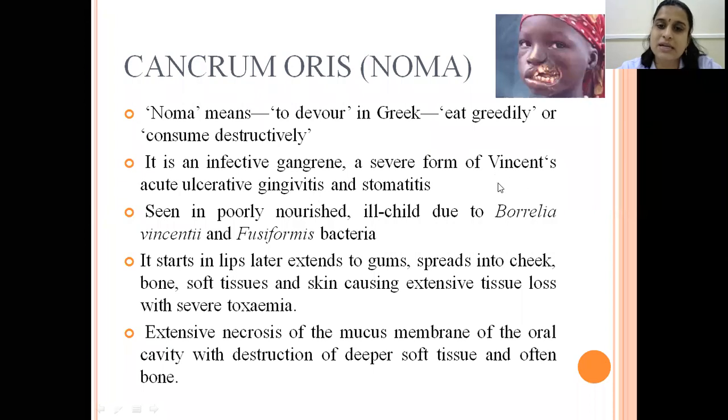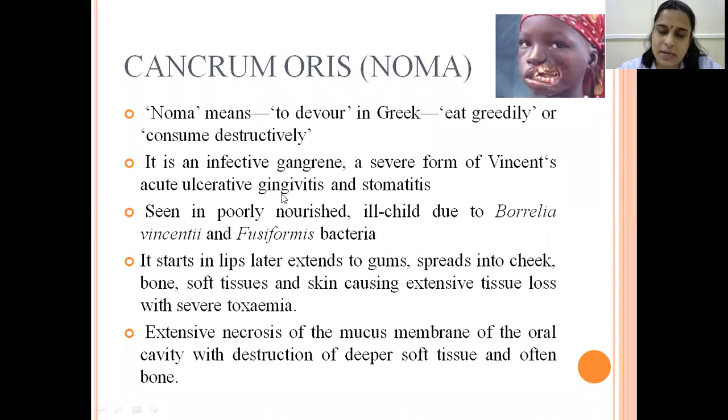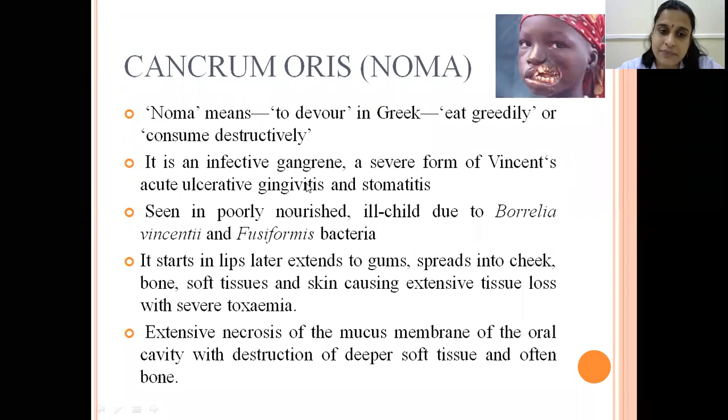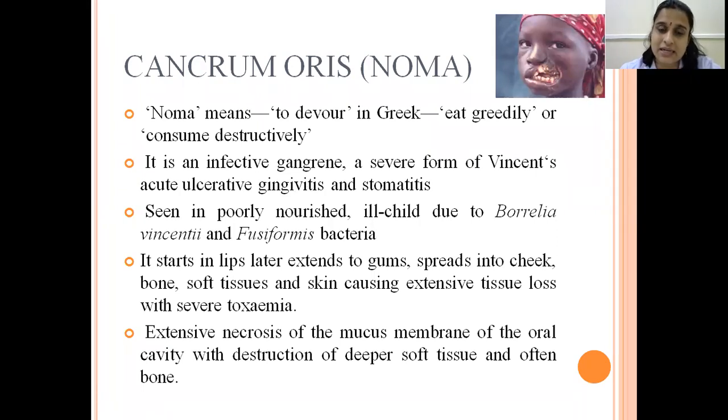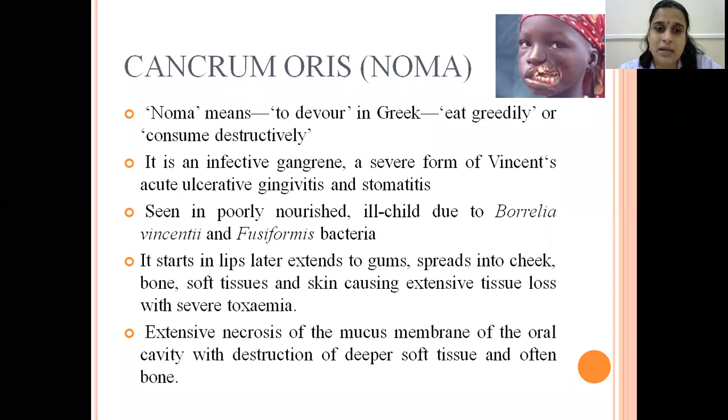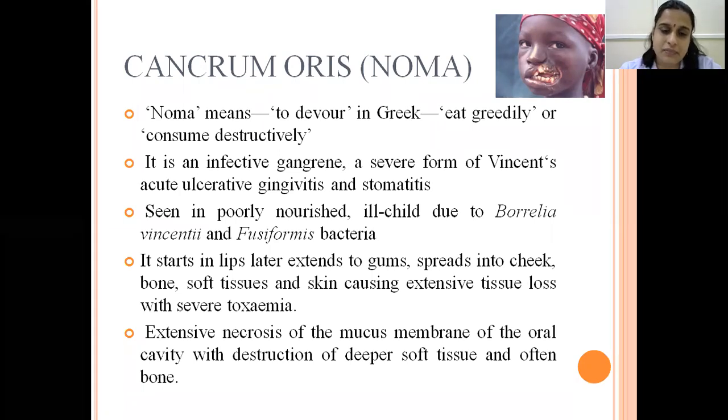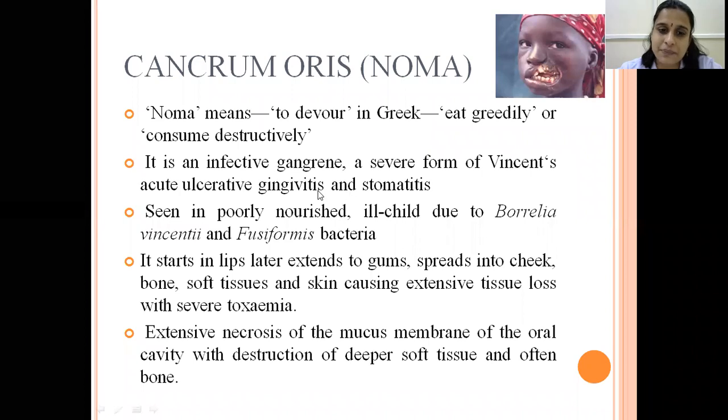Vincent's stomatitis or gingivitis is initially ulcerative, and then when the infection is severe, there is also necrosis. When this necrosis extends severely, it is called cancrum oris. So this is a secondary condition after Vincent's angina or stomatitis.